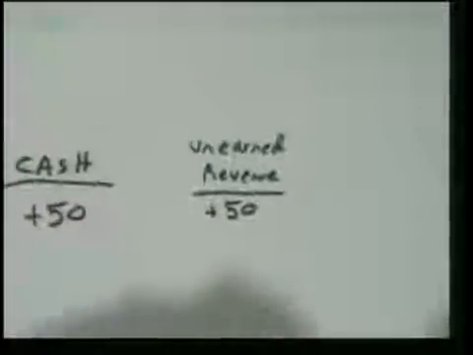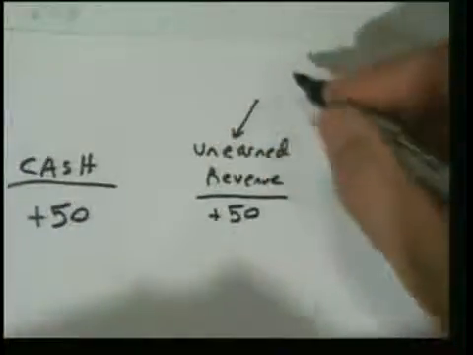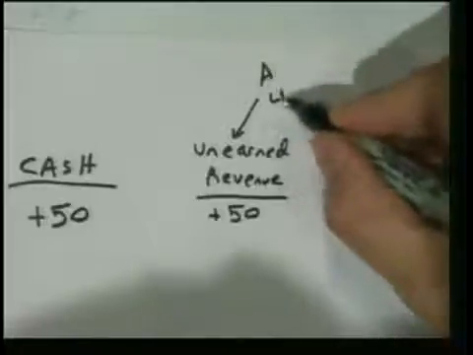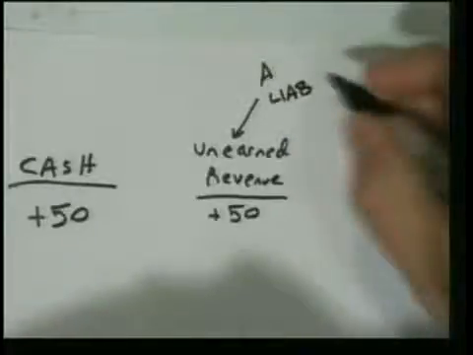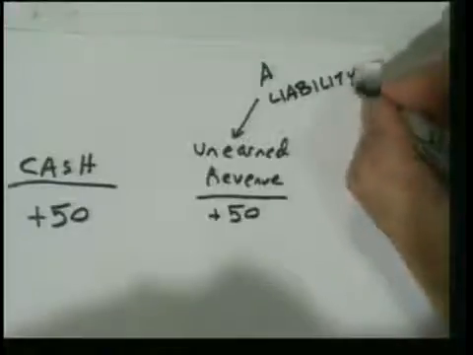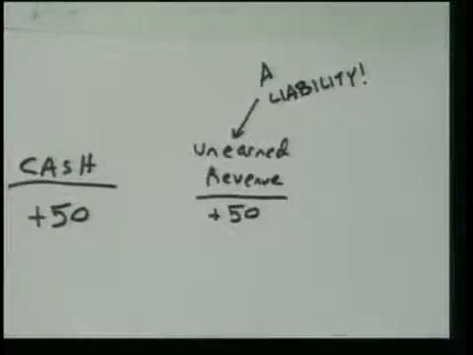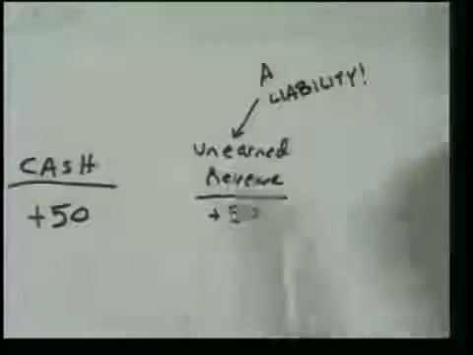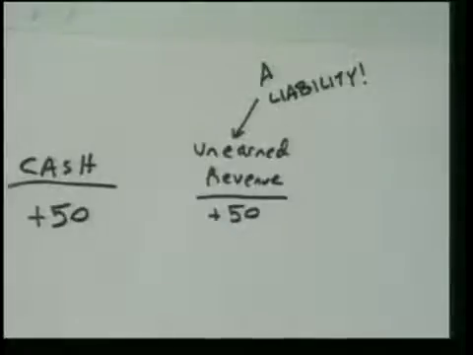Now, unearned revenue is a liability. Sometimes people think that unearned revenue is a revenue because it has the word revenue in it. It's not. Unearned revenue is a liability account, and thus it goes with the other liabilities on which financial statement? Where do liabilities go? Balance sheet. Unearned revenue is a liability, and it goes on the balance sheet.